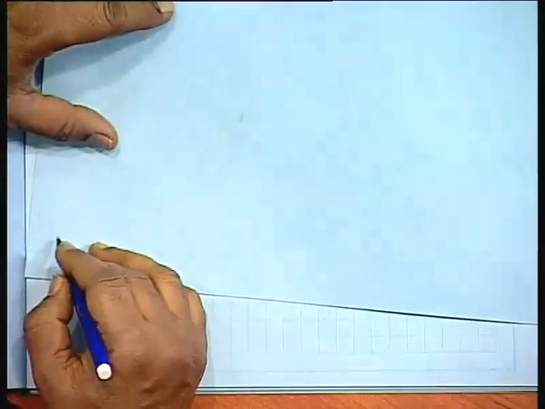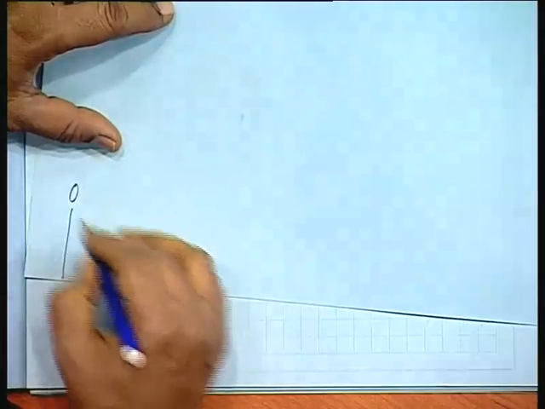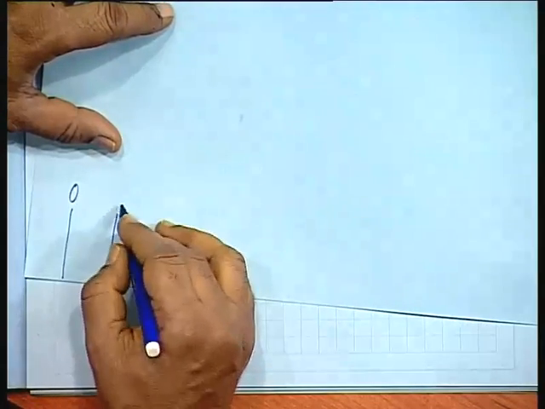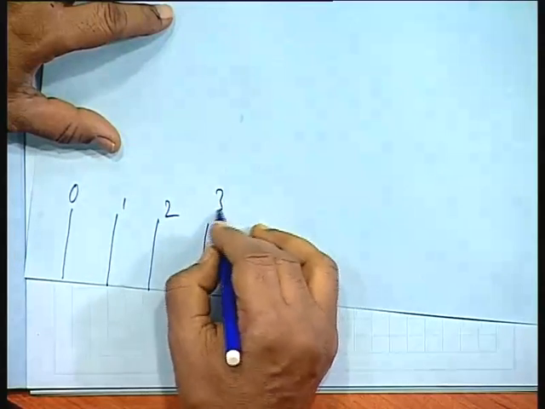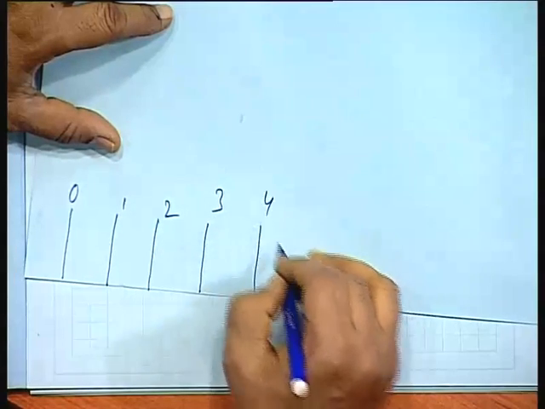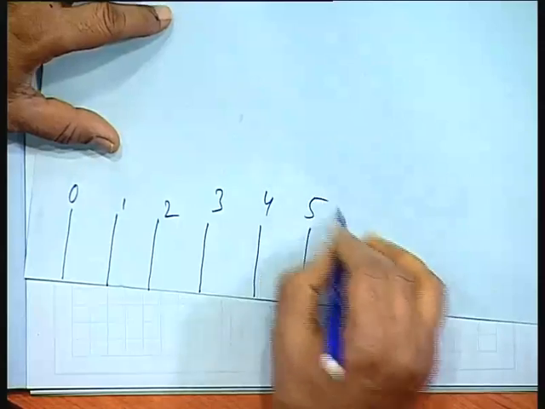Suppose we have a sequence, say 0, 1, 2, 3, 4, like this.